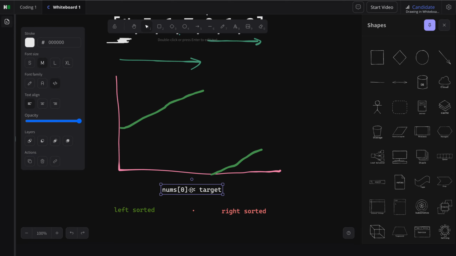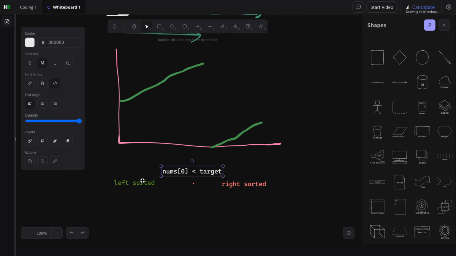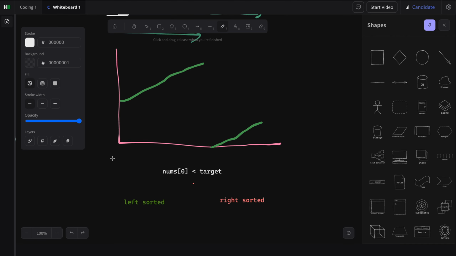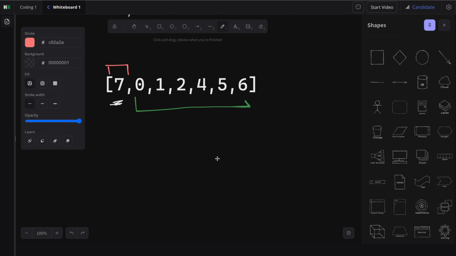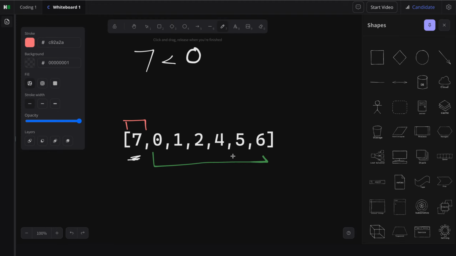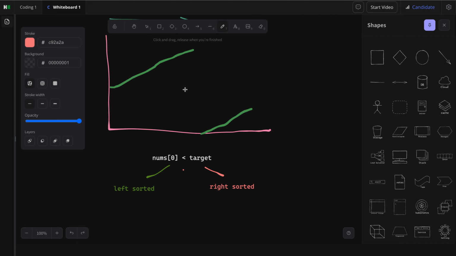But what I'm determining is that on the true path we know that it's in left sorted for some reason. I don't know that reason yet. I'm trying to figure that out with you right now. And if it's not true, it's in the right sorted. And I guess in both scenarios that makes sense.